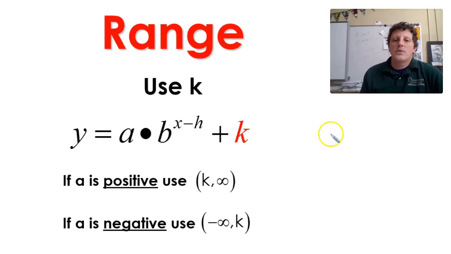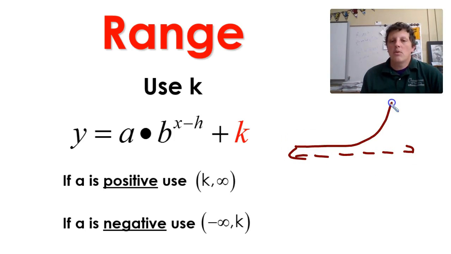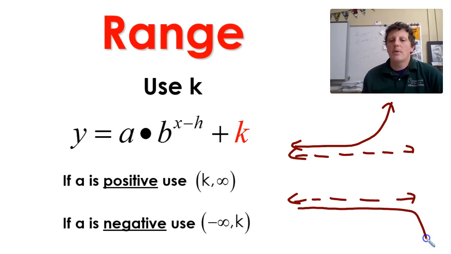These functions, as we'll see in a minute, have what is called an asymptote. Okay, so either there's an asymptote below the function, and the function is either increasing forever or decreasing above the asymptote, or there is an asymptote, and the growth or decay is happening below the function, right? So with the range, that asymptote is going to decide where we start seeing y values or where we stop seeing y values.